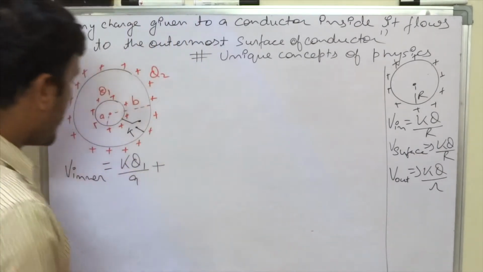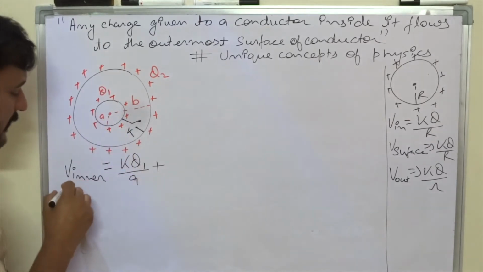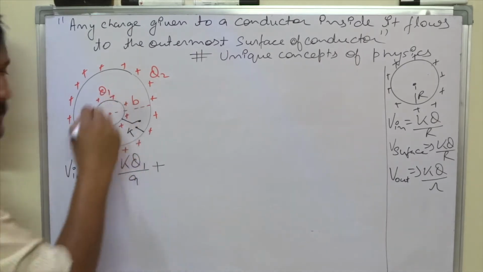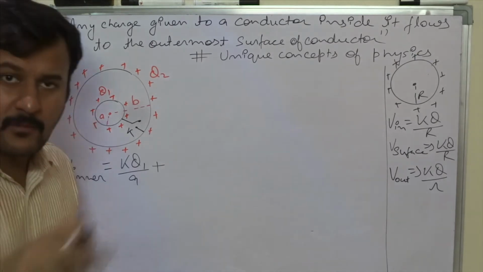I am repeating myself that while writing the potential of the inner sphere, it will be due to itself plus the potential due to the outer sphere.